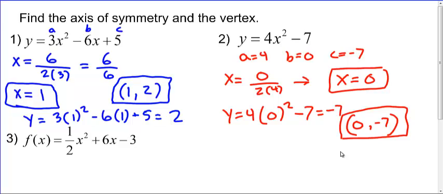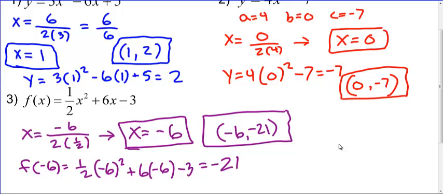Alright, pause the video, do number 3 on your own, compare your answer to mine. Alright, you can see my work here. I did x equals negative b over 2 times a. That gave me an axis of symmetry of x equals negative 6.